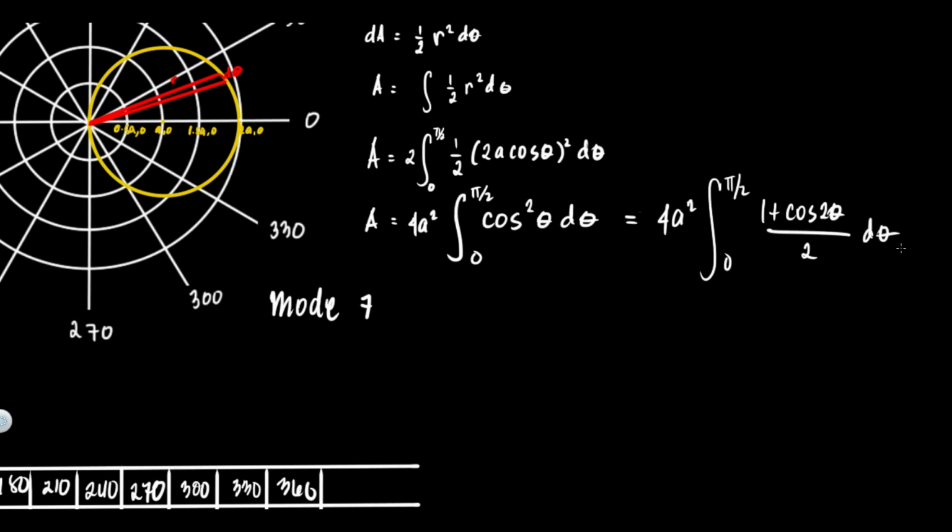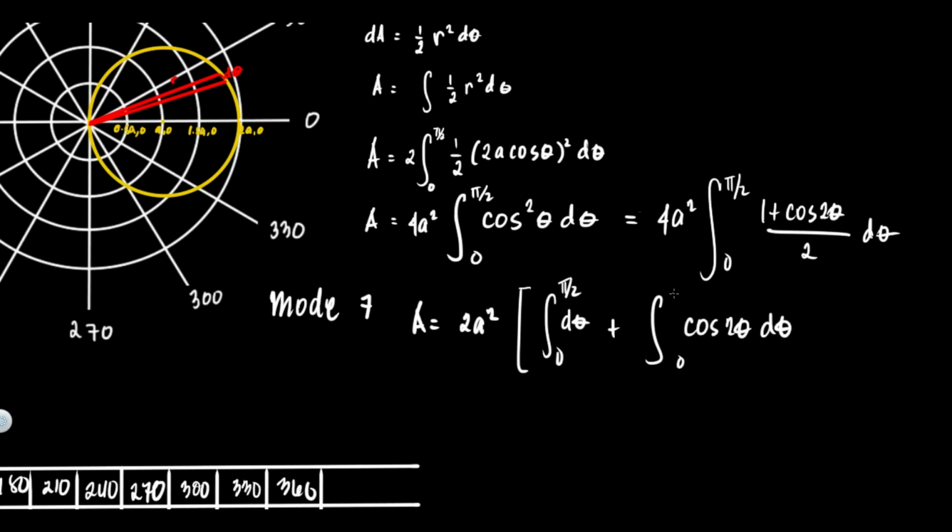So there's a constant 1 half, let's take it out. So the area is equal to 4 over 2, that is 2a squared, times d theta times 1, so the integral of d theta, limits 0 to pi over 2, plus the integral of cosine of 2 theta d theta, limits from 0 to pi over 2.